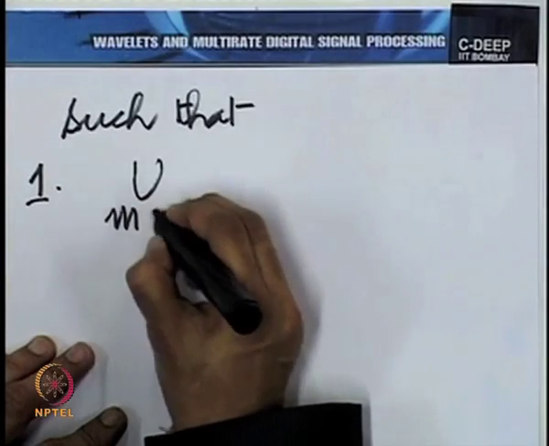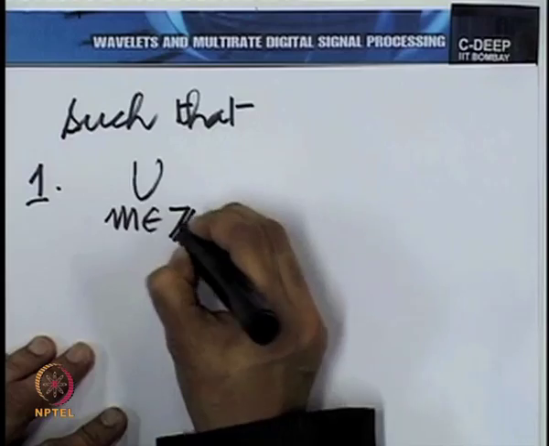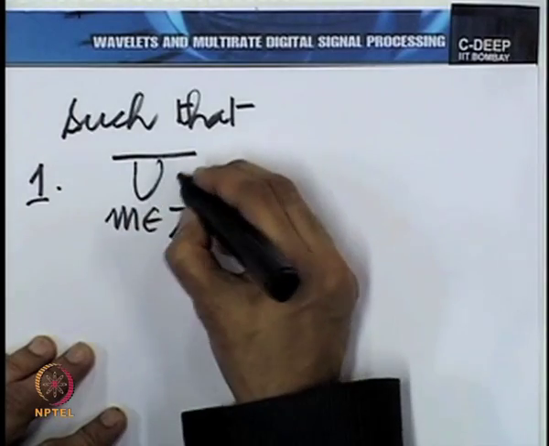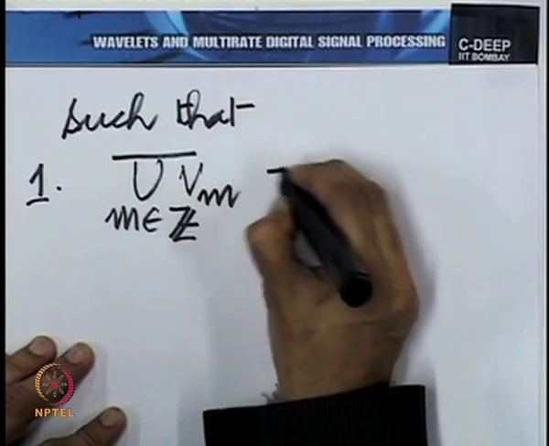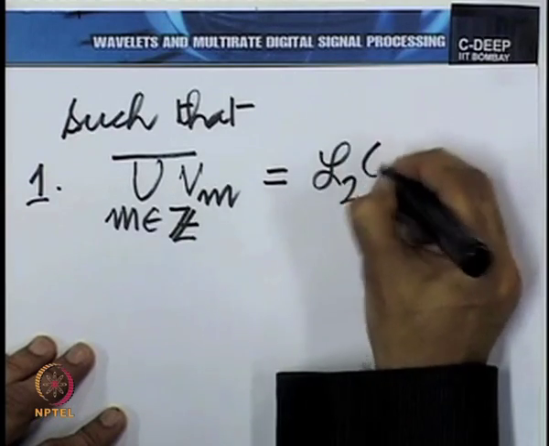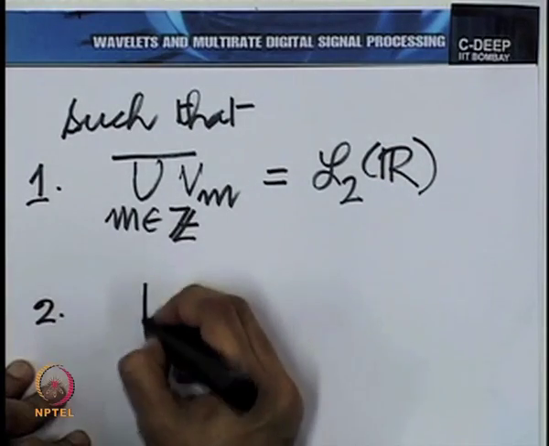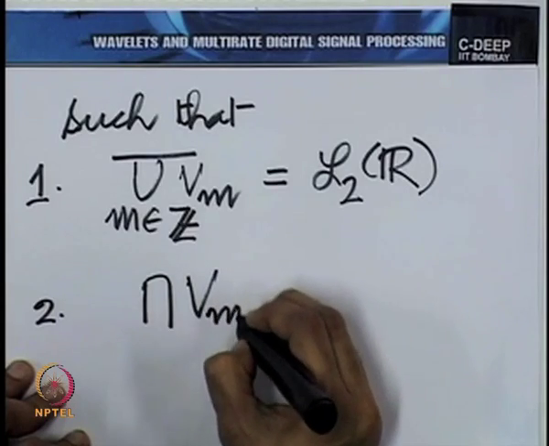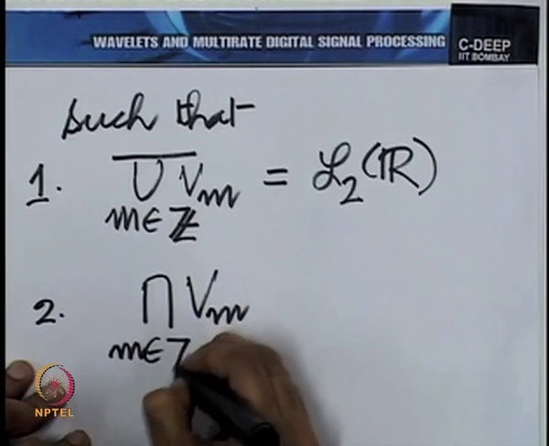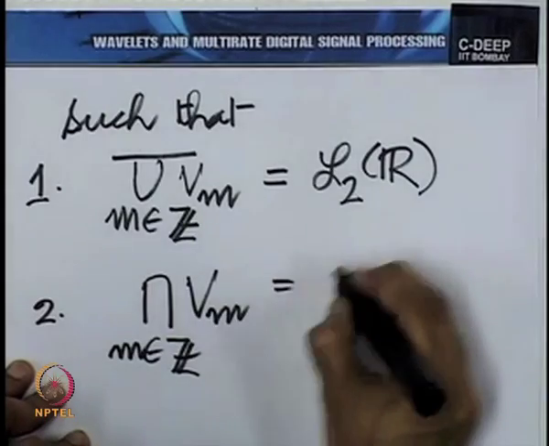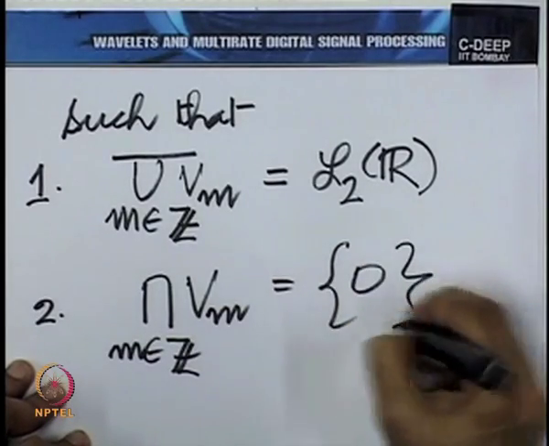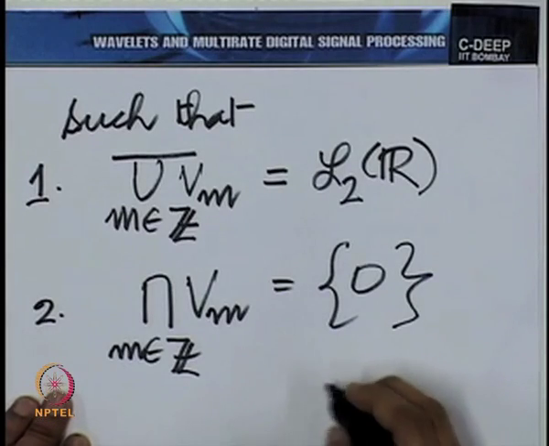Union over all integers m, closure of Vm is equal to L2(R). Intersection over all integers m, Vm is the trivial subspace with only the 0 element.